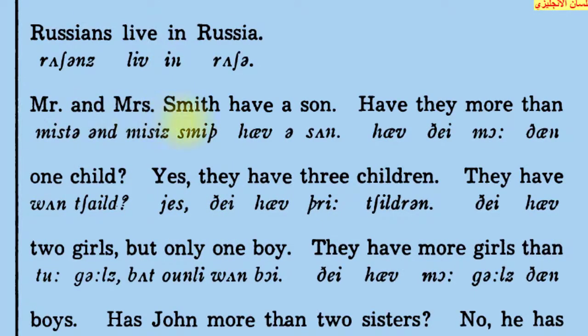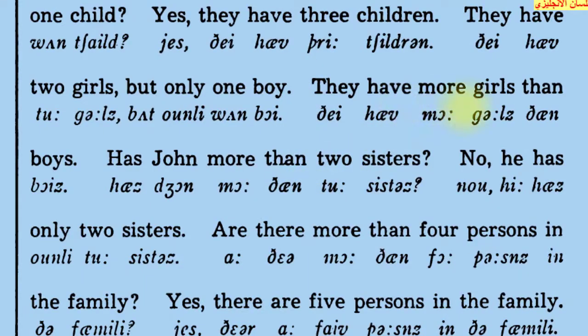Mr. and Mrs. Smith have a son. Have they more than one child? Yes, they have 3 children. They have 2 girls but only 1 boy. They have more girls than boys. Has John more than 2 sisters?